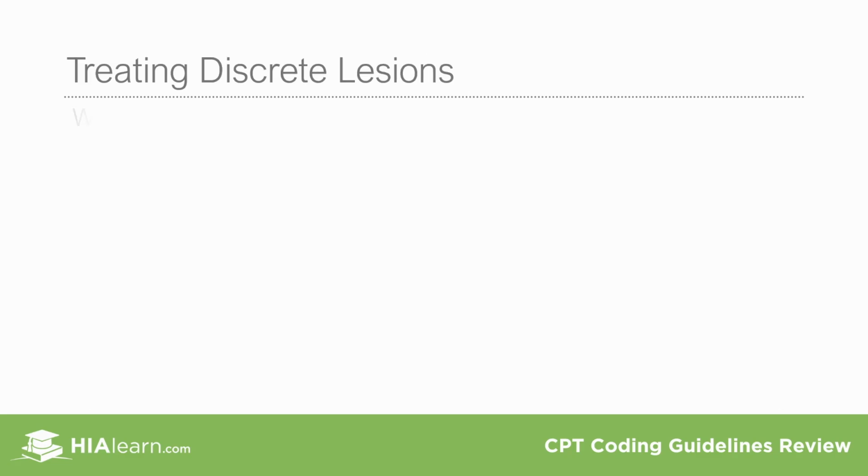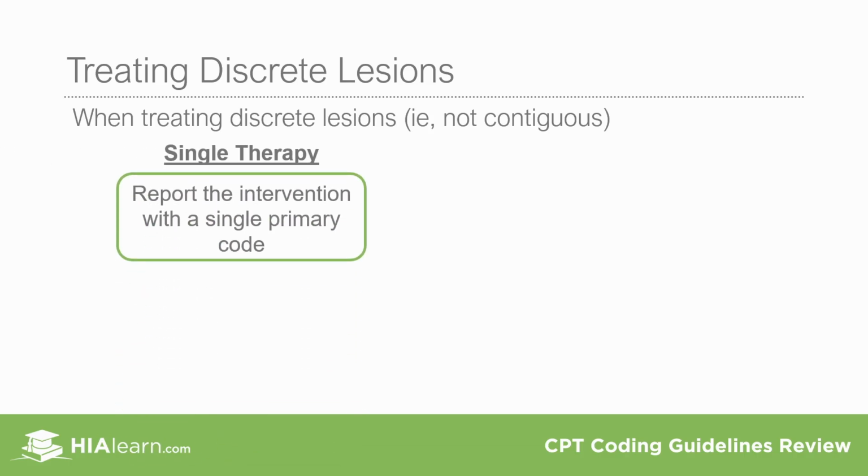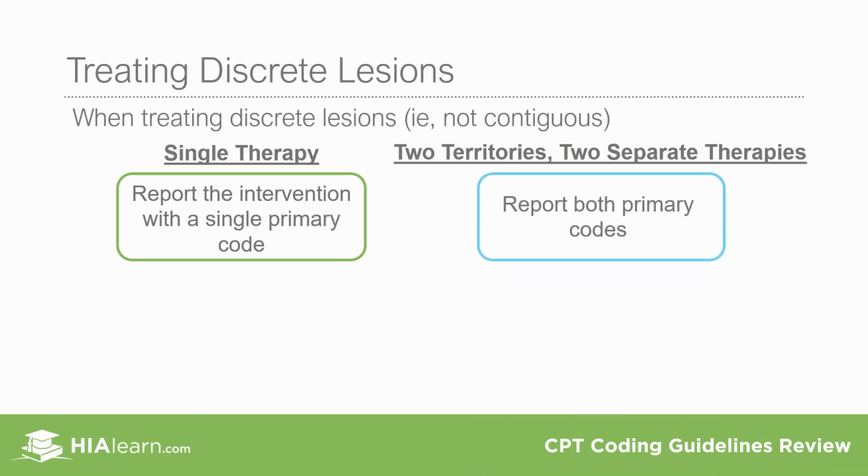When treating discrete lesions, if discrete lesions are treated with a single therapy, the intervention should be reported with a single primary code. If discrete lesions in two territories are treated with two separate therapeutic maneuvers, both primary codes may be reported.